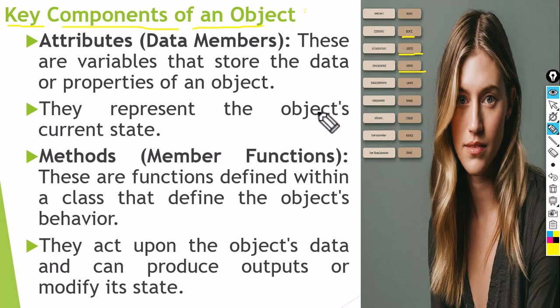Methods are the actions it can perform, like a human being can walk, talk, or walk and talk, and perform tasks like running and singing as well. The specific attributes and methods available depend on the object's class.